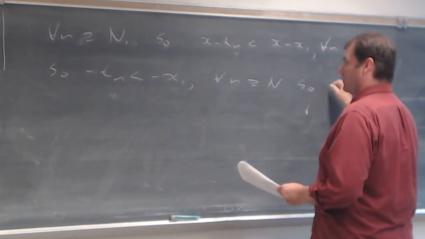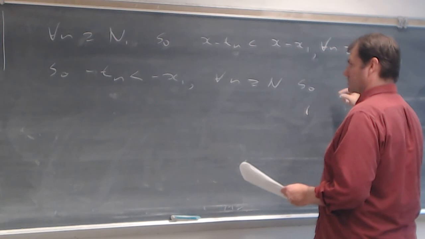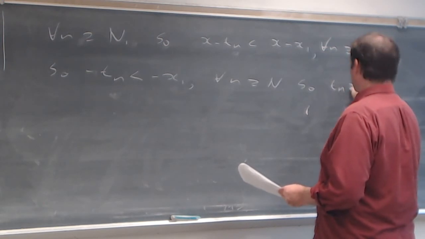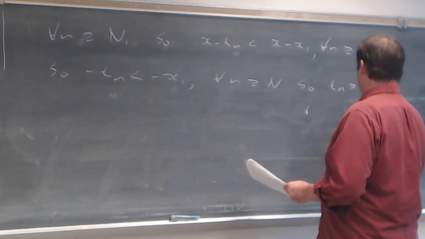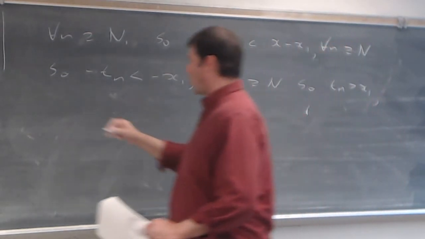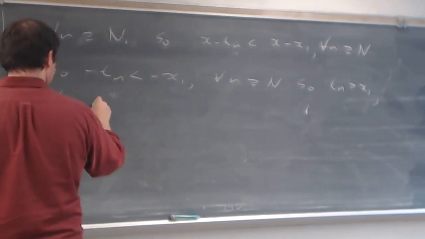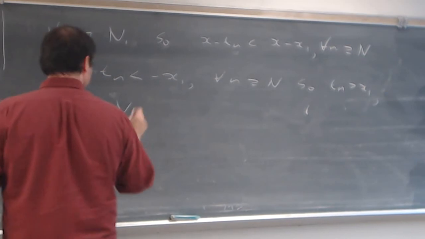Using algebra, multiplying everything by minus 1, t sub n is going to be greater than x sub 1, and that's true for all n bigger than this big N.